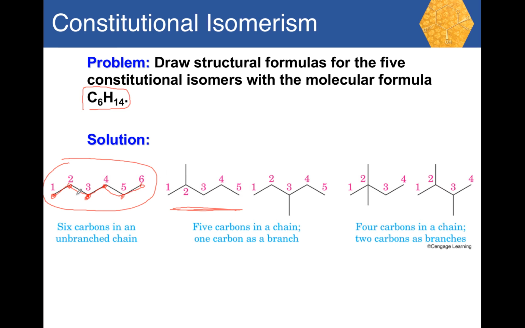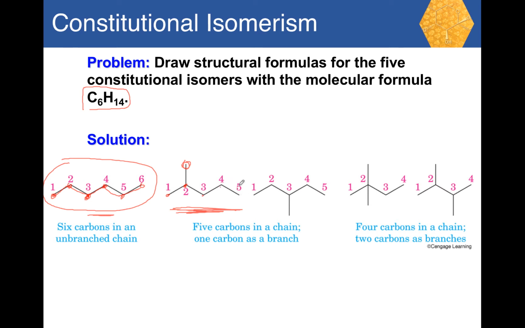However, the connectivity for the carbons for this molecule is different than this molecule. Let's see. This carbon is connected to this carbon, but there is another methyl group connected to this carbon, and this carbon is connected to this, this, and that.